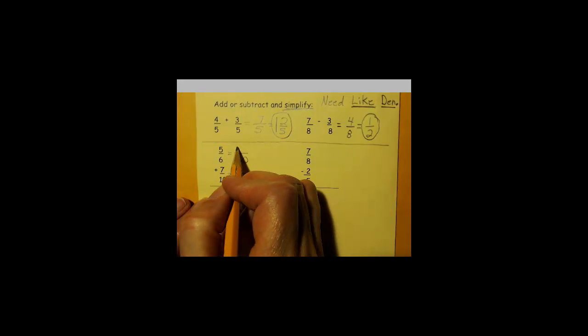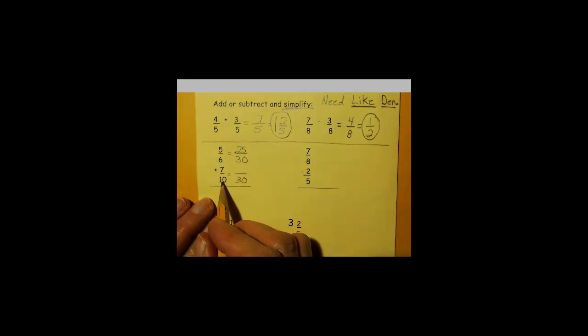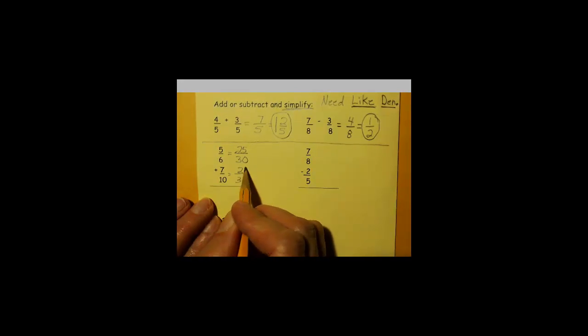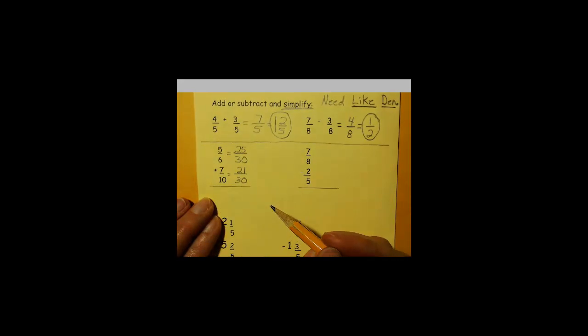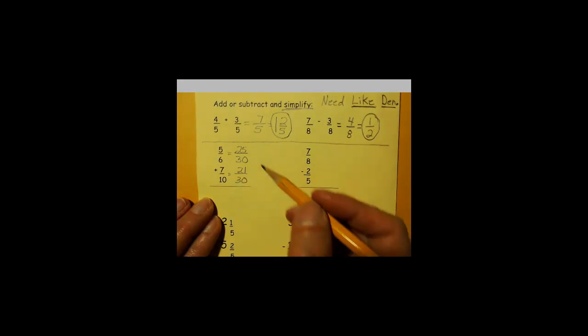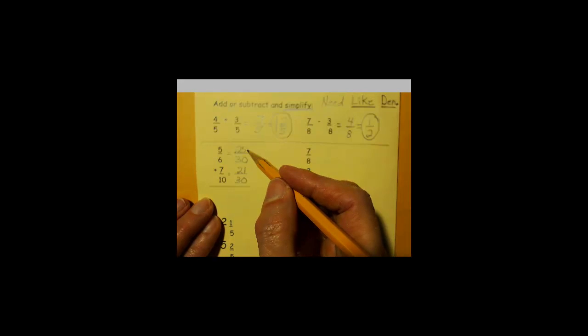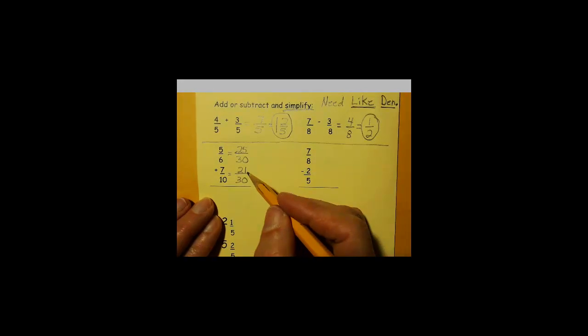This next one, the lower one, we can say 10 times 3 gives us 30, so 7 times 3 would give us 21. So now that we have the same size pieces, or like denominators, we can add the numerators. 25/30 plus 21/30 gives us a total of 46/30.